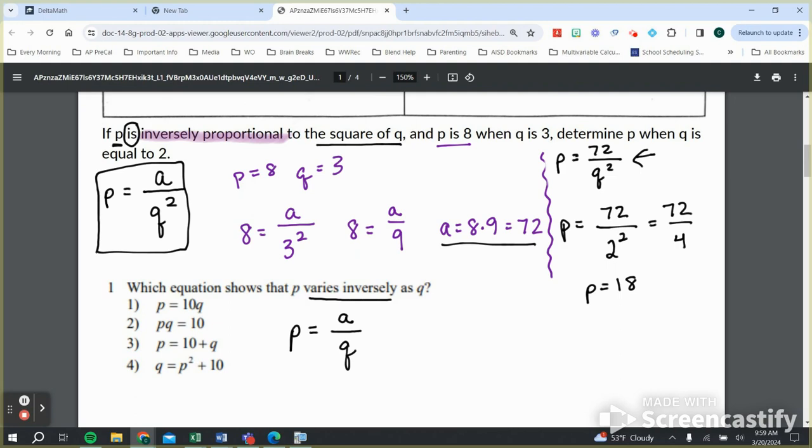Notice how we have P's and Q's? So we can rewrite this as P equals 10 over Q. All right, well, none of them look like that with a fraction. However, if we get rid of the fraction, we multiply both sides by Q, we get PQ is equal to 10. And there it is.